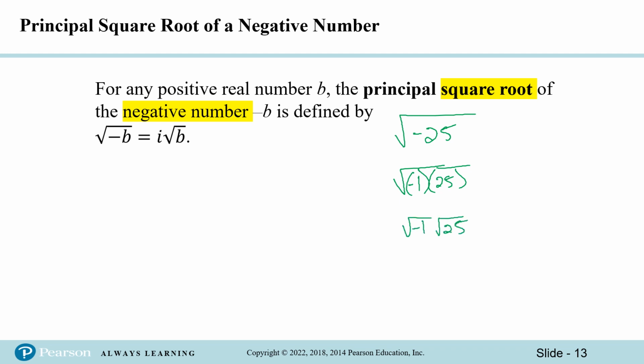The square root of -1 is defined to be i, and the square root of 25 is 5. We do put the 5 in front of the i. So the square root of -25 is 5i. And that's basically what they're saying right there.